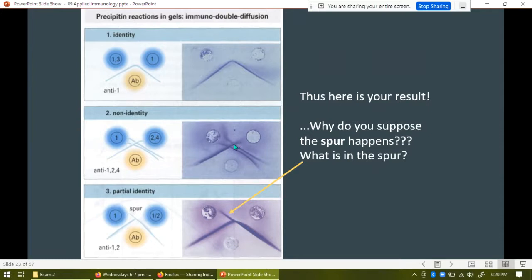You can also see spurs here, here, and here because these antibodies have also passed through the antigen that they're not specific for and then finally met their antigen. So in number 2, the non-identity, there are also spurs. Yes. Okay. All right. I was trying to compare the two. Mm-hmm.